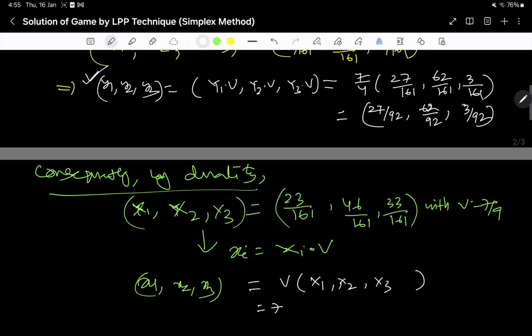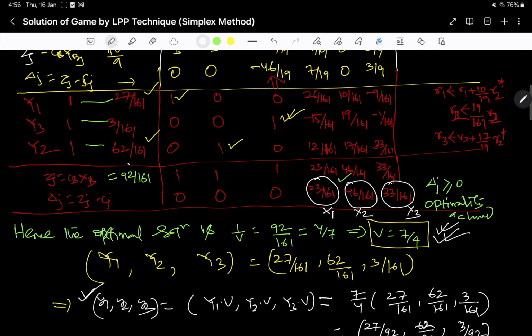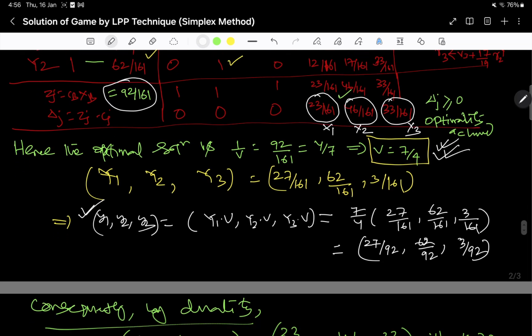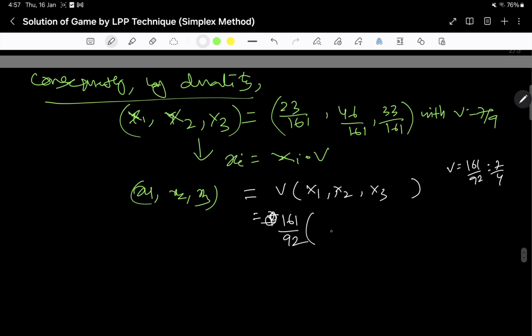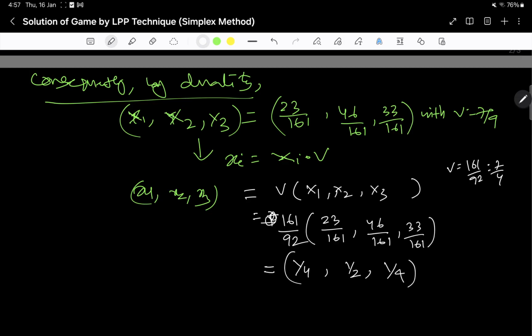V is 161 by 92, that means 7 by 4. If I take 161 by 92, then this calculation will be easy: 23 by 161, 46 by 161 and 33 by 161. If I simplify it, this will give you 1 by 4, 1 by 2 and 1 by 4.